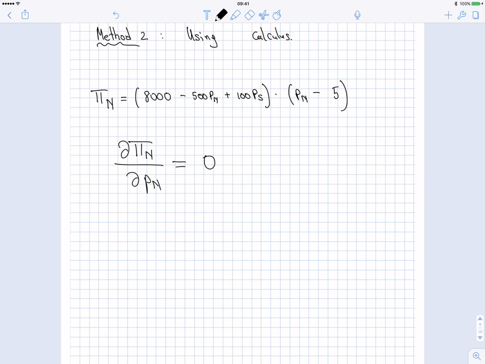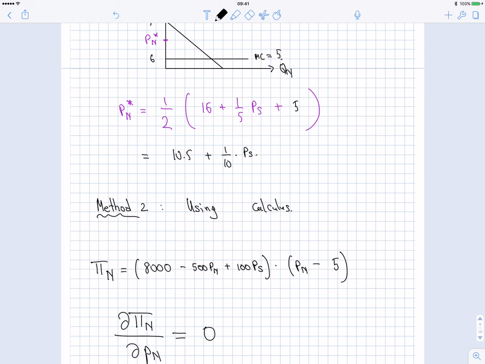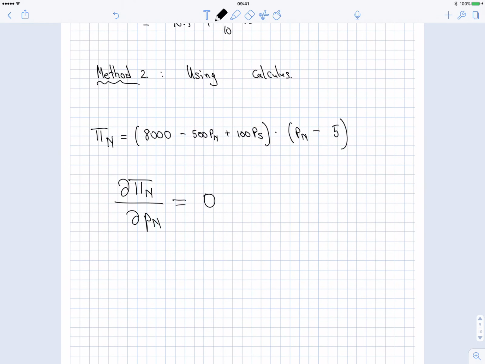So one little exercise that you could do is to try and differentiate this expression with respect to Pn, treating PS as if it's constant, setting it equal to 0, rearranging, and see if you find exactly the same answer. Actually, I'm going to give you a few minutes to try and do that yourself. So see if you can write down this profit function, take the derivative with respect to Pn, and see if you get the same answer.